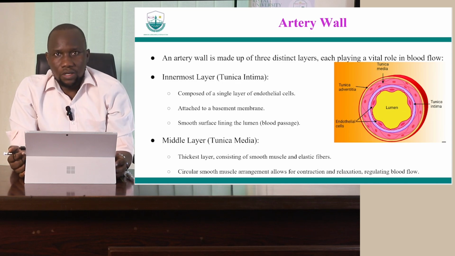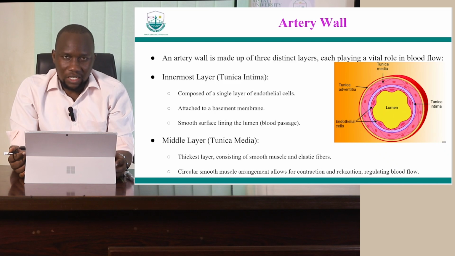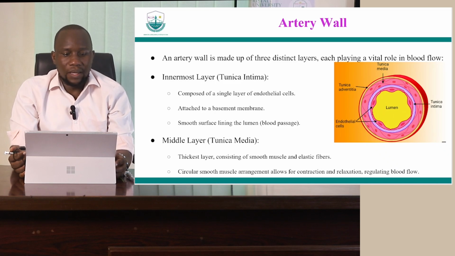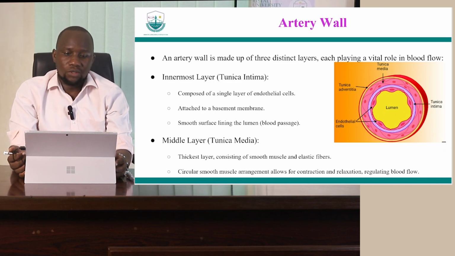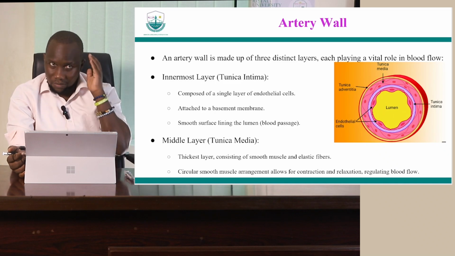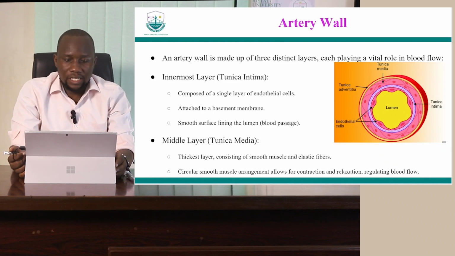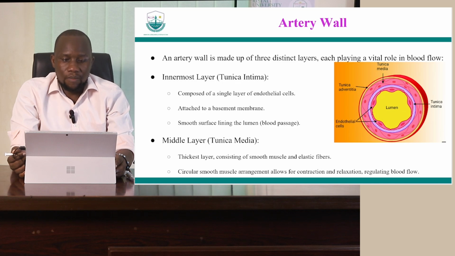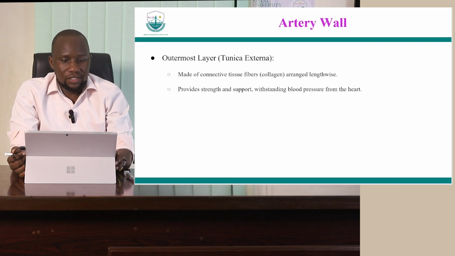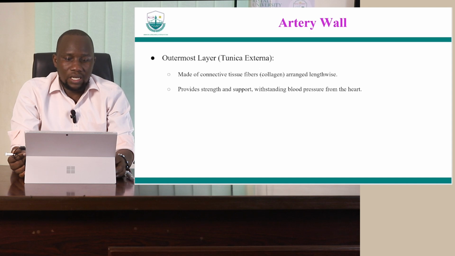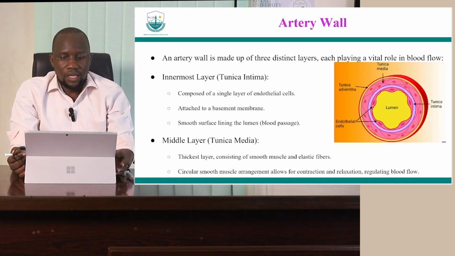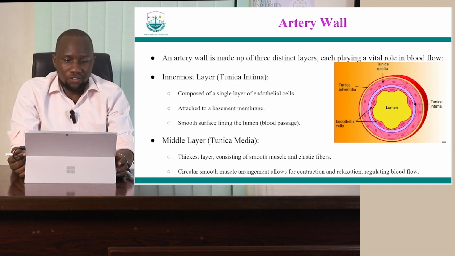Okay, so the three layers of the arterial wall: the inner layer, which we call the tunica intima, and then the middle layer, tunica media, and then the last layer, the outermost layer, which we call tunica externa. So the composition of these layers is quite different.